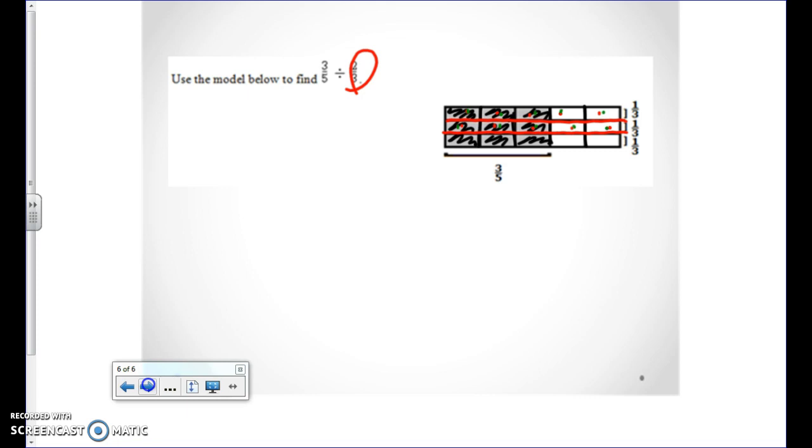All those. Now, what I need to do is count to see how many squares there are in 2/3. 1, 2, 3, 4, 5, 6, 7, 8, 9, 10. So there's 10 squares in the 2/3, and there are 1, 2, 3, 4, 5, 6, 7, 8, 9, 9 squares in the 3/5 of my model.